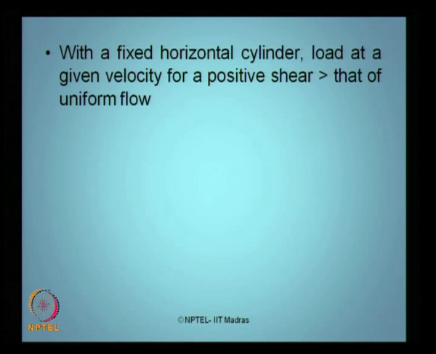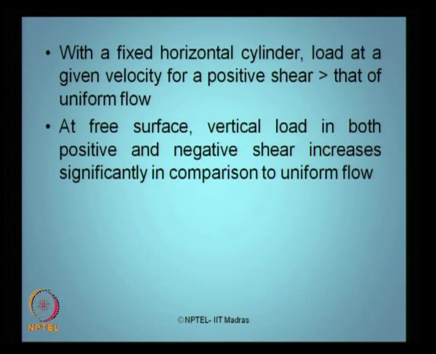So when a fixed horizontal cylinder is loaded at a given velocity with a higher positive shear, the velocity variation because of a positive shear is much more in a shear flow compared to uniform flow, which has also been observed in a vertical cylinder. Of course, at a free surface the vertical load in both positive and negative shear increases significantly in comparison to uniform flow, that is the difference.